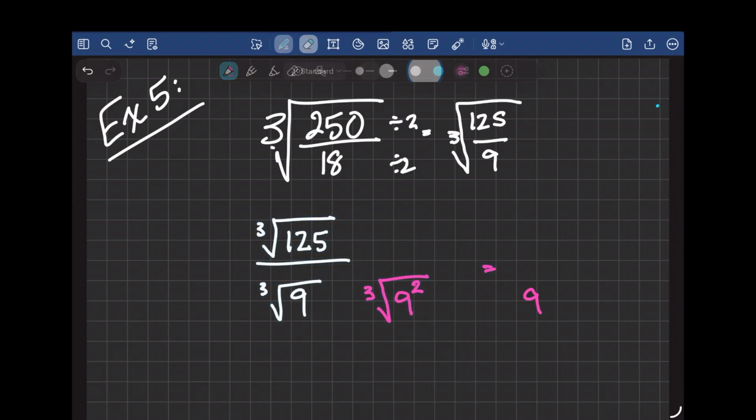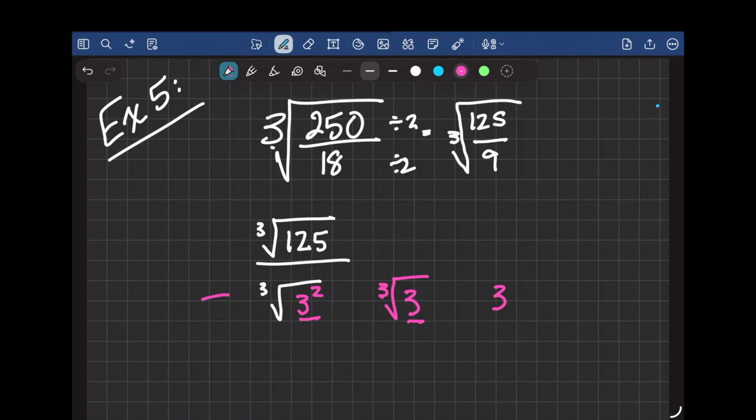The other option is to recognize that this 9 right here is the same thing as 3 squared, 3 times 3. And 3 times 3 means that I have 2 3's under the cubed root. So if I multiply by 1 more 3, now between these two, I have 3 3's under here, and I can bring out the whole number 3.